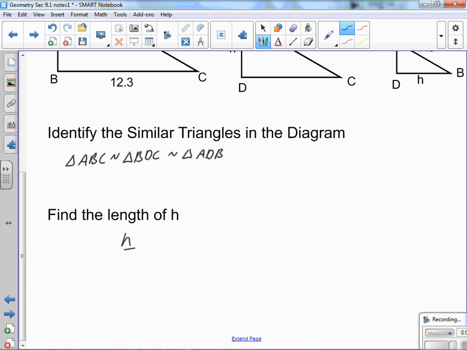So we'll look at H over 7.8. That should equal 12.3 over 14.6. And then it's just a proportion, and we solve it just like we have all the other proportions in the past. So cross multiplying gives us 14.6 times H is equal to 7.8 times 12.3, which is 95.94.